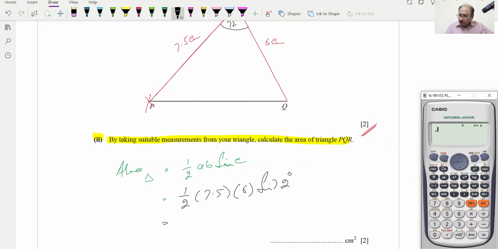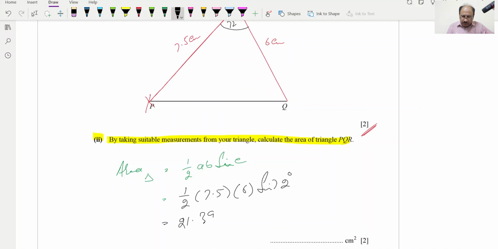This will be 0.5 or half, into 7.5 into 6 into sine of 72 degrees, and this is giving us 21.398, or we can write 21 point like 40 or something. That is okay. So this is done.